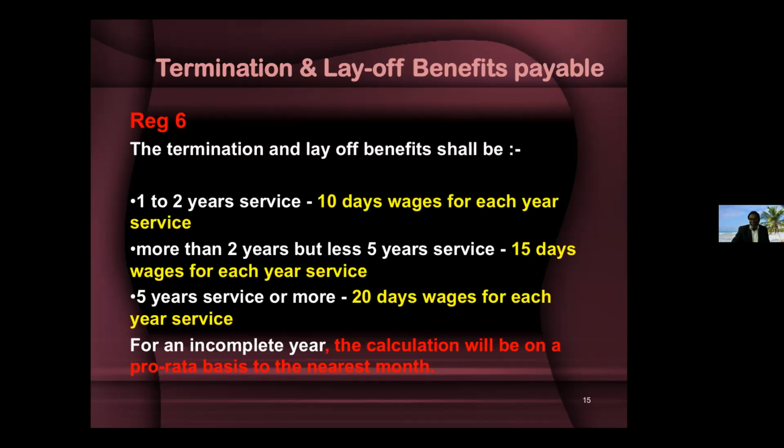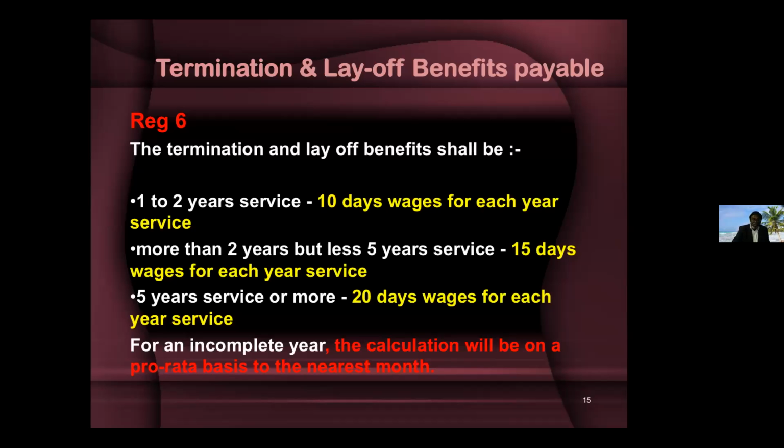For employees with more than 2 years but less than 5 years, it is 15 days wages for every year of service, and 5 years or more is 20 days wages for every year of service. As you can see, for employees who have served more than 5 years, the termination benefits can be quite a big amount sometimes, because it's 20 days wages. If you compute on that basis, the wages can be very high.